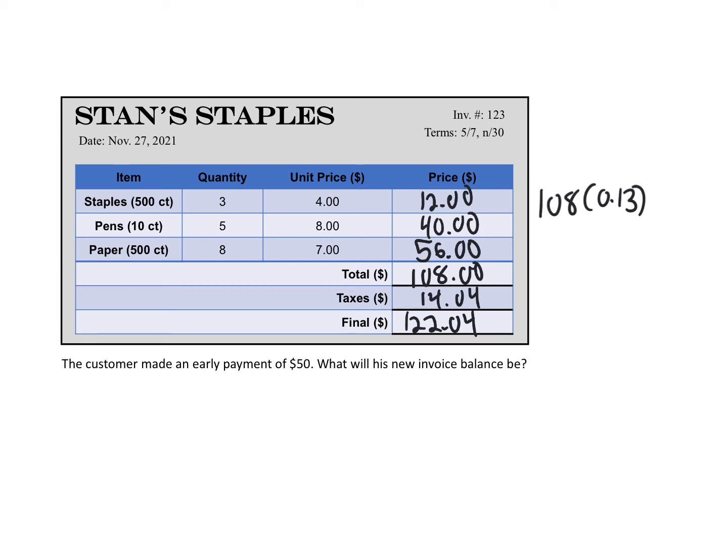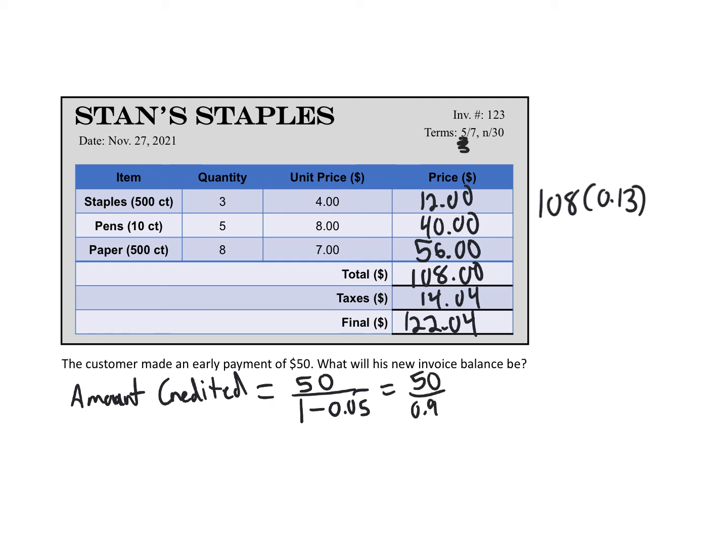Well, to calculate a partial payment, we look for the amount credited for his partial payment. So we take the $50 and we divide it by 1 minus 5%. It's 5% because that was the term of our invoice. So 50 divided by 0.95, which is 52.63.